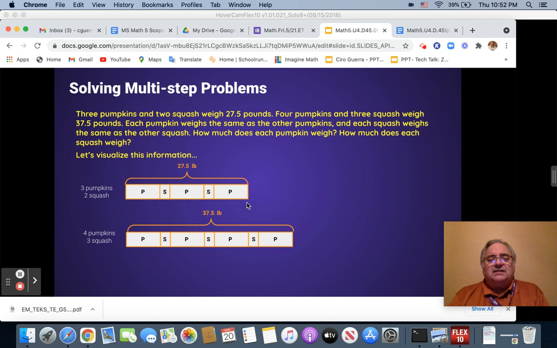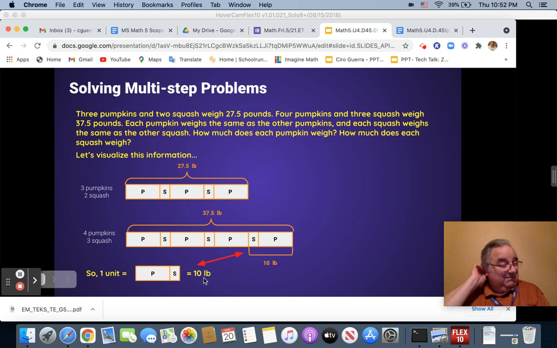What can I do to find out what the difference is? Excellent. Yes, I subtract. So I'm going to subtract 37.5 minus 27.5, and I get 10 pounds. So now I know that 1 pumpkin and 1 squash equals 10 pounds.